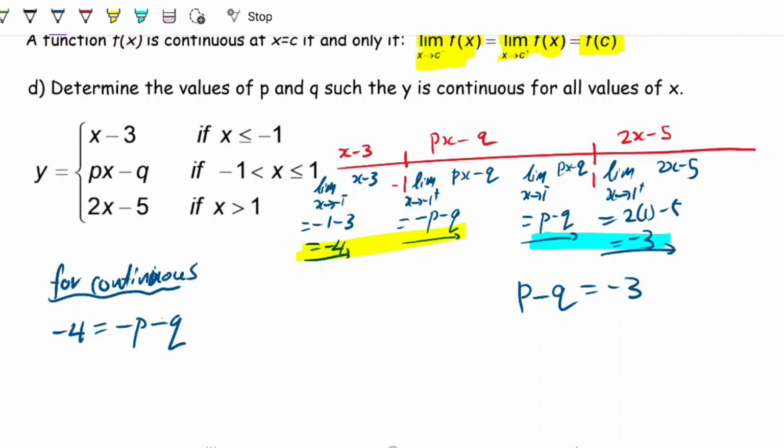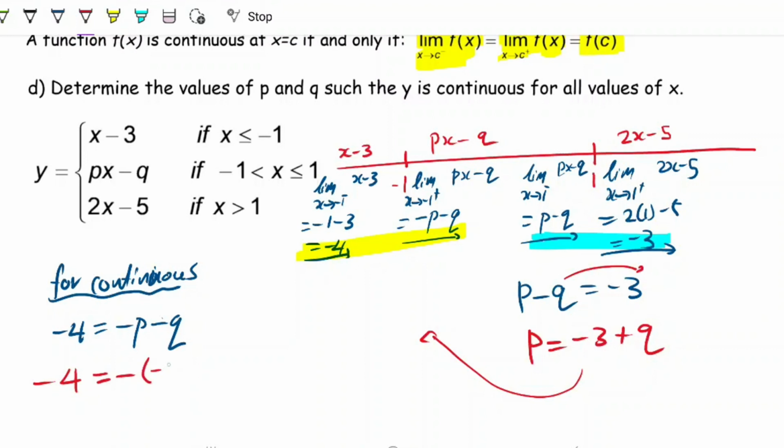So therefore, what we want to do is simply solve for p and q. We now have a simultaneous equation with 2 variables. What we'll do is start simplifying this one over here. We can simplify this by taking the 3 across, the q across. Now this becomes p equals -3 plus q. We will then sub it into that one. So this is -4 equals, wherever we find p, we substitute -3 plus q, minus q.